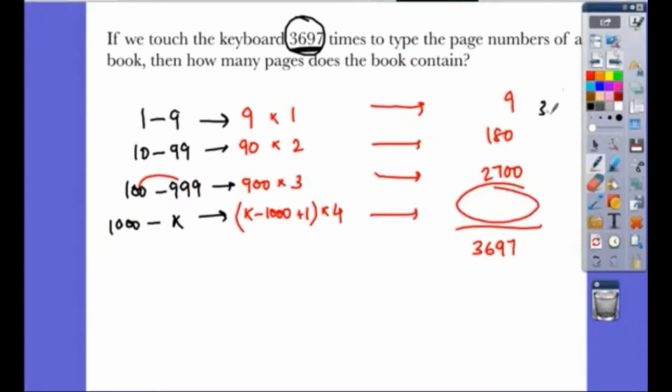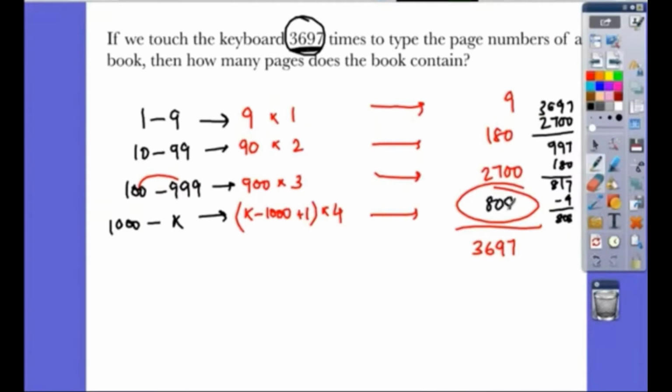Let's see. 3697 subtract 2700. You get 997. From this subtract 180. You get 817. From this subtract 9. And you get 808.